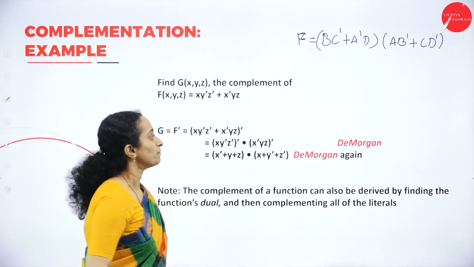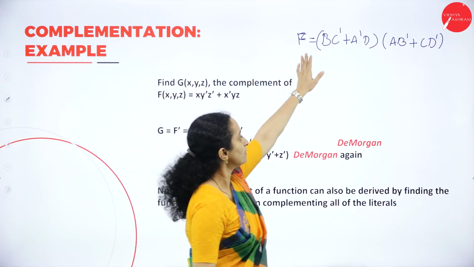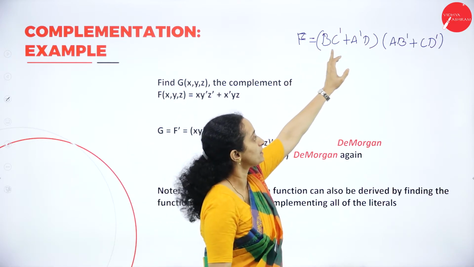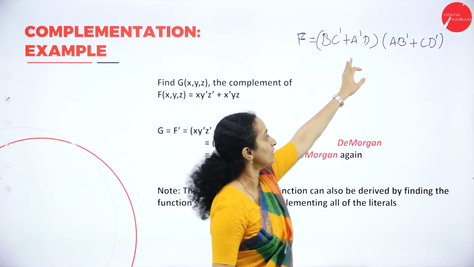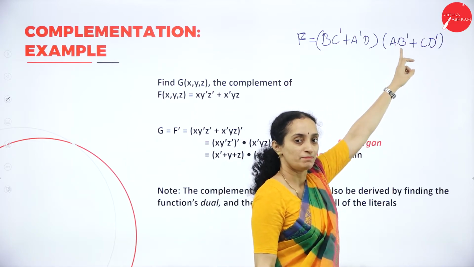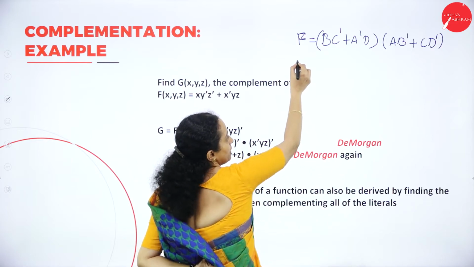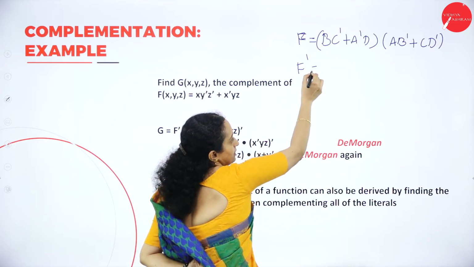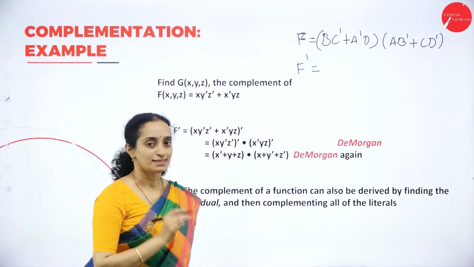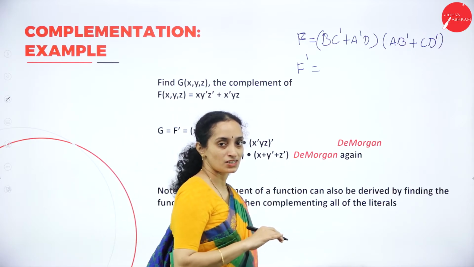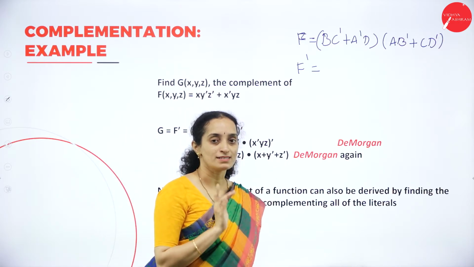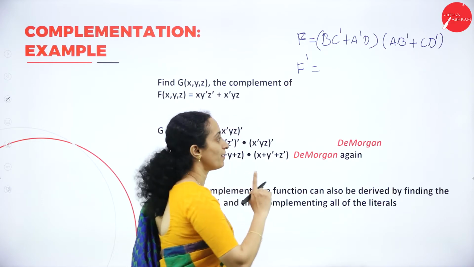You have another example, that is f equals b into c dash plus a dash into d into a into b dash plus c into d dash. How do you find the complement of this function? Again the same method: interchange the operators and complement the variables.